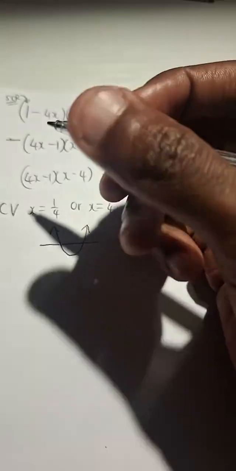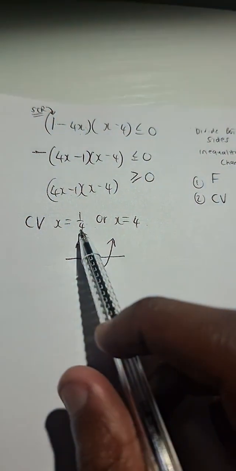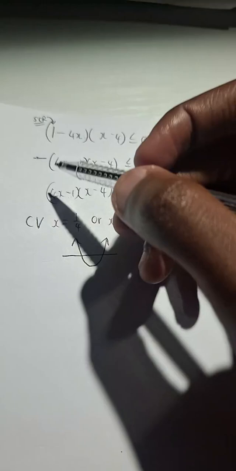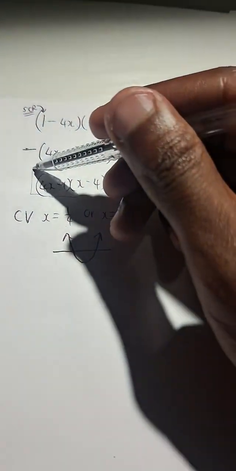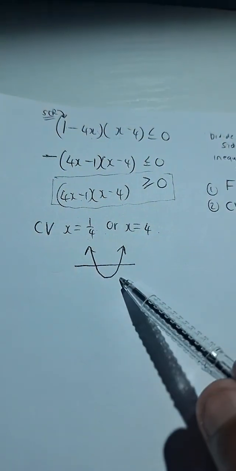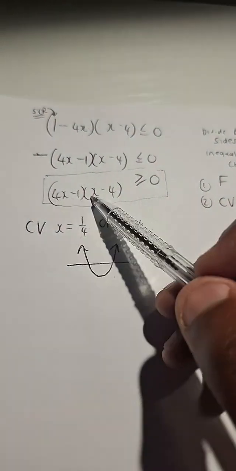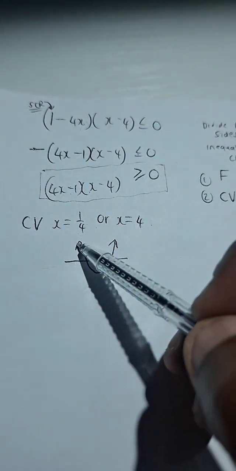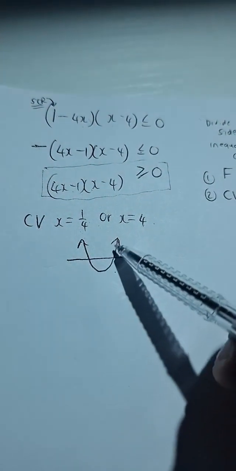Then from there, we represent those critical values on a number line with a graphical representation. If we look at this particular step, this graphical representation I see here, the x terms are positive. If we would multiply, we would have a value that is positive, which means it's a smiling face.